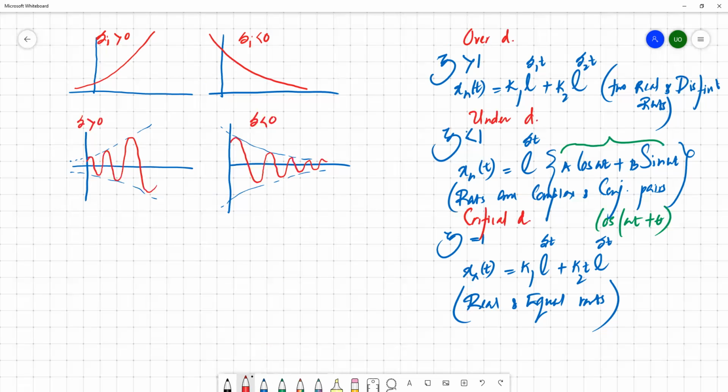This is the response. If sigma, the real part of this root, is a positive value, your response is like that. It's a kind of sinusoidal trend, but the amplitudes are simply increasing and increasing. If the real component of these roots is less than 0, a negative value, your response is simply converging to 0.